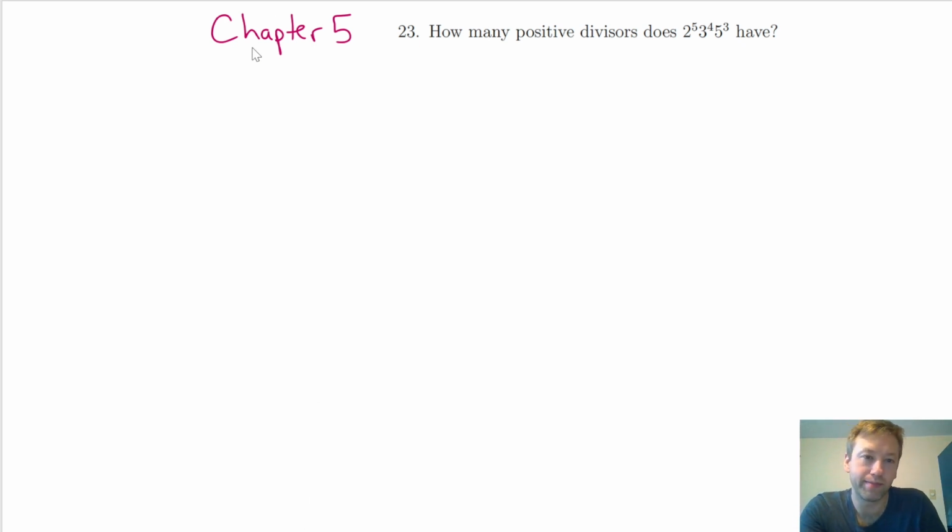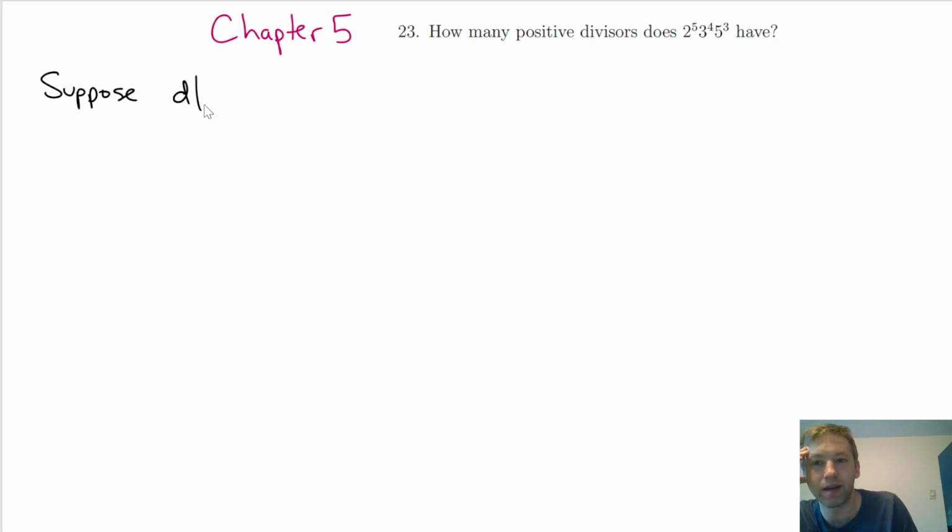Okay, so this is one of these questions which really just boils down to the fundamental theorem of arithmetic. So let's talk about how to work this out. Suppose that D is a divisor of this number.